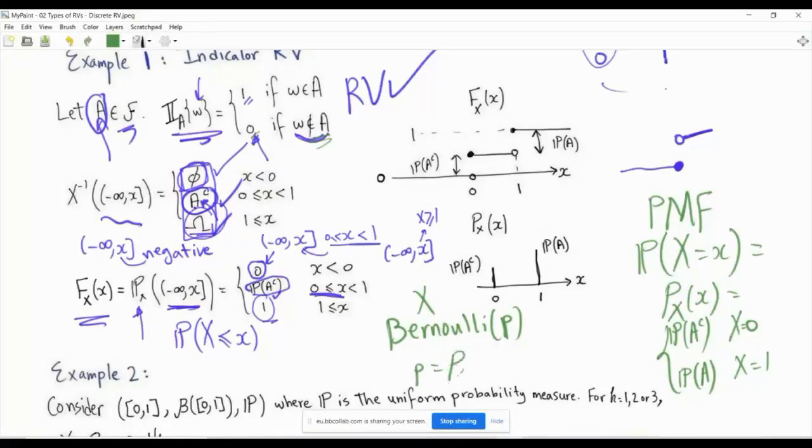So small p is P(X=1), the probability that X is equal to 1. And consequently, the probability that X is equal to 0 will be 1 minus p.